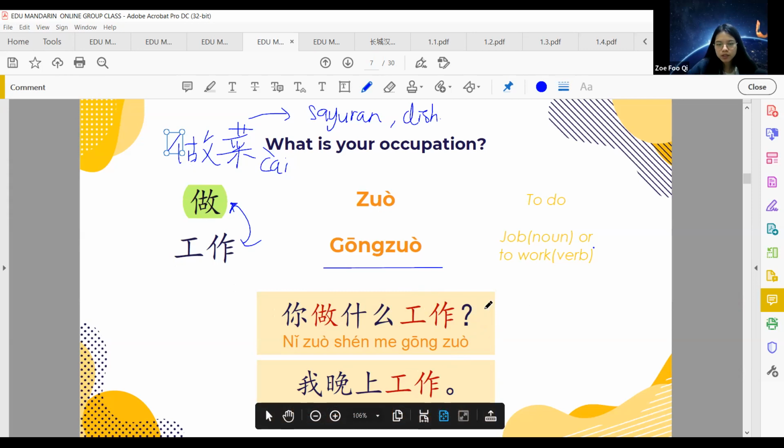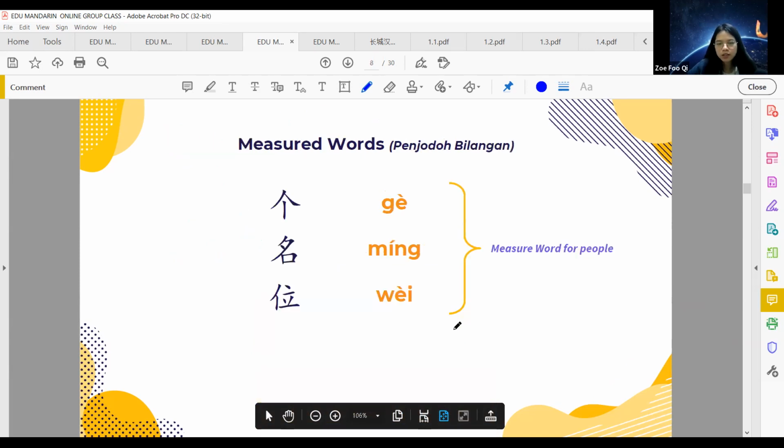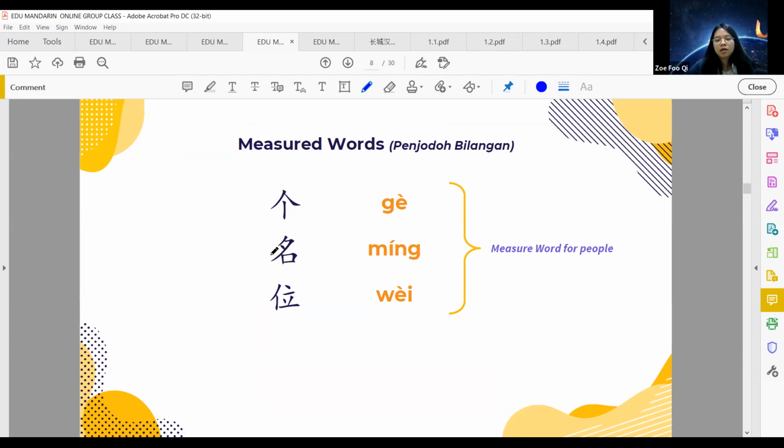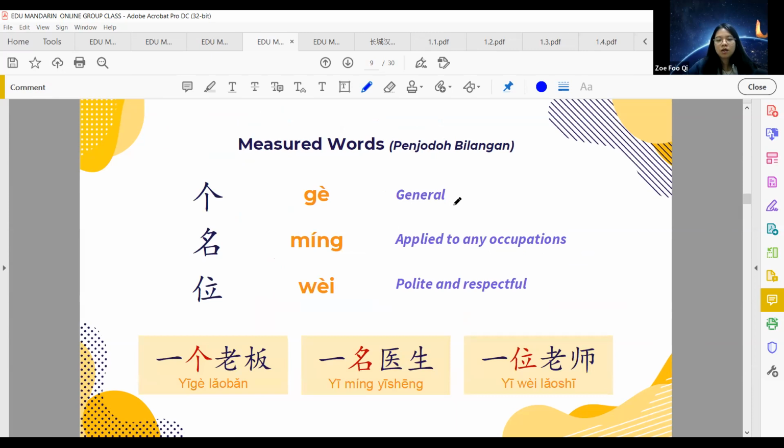Okay, so this one you can say 我, I am something. Okay, and then this one 我晚上工作, 晚上 is evening, and then 工作 is work, so I work at night. Okay, then this one is the measure word for occupation of people. So this one will be 个, 名 and then 位. So 个 is a very general thing. This one you can also take note. This one we normally use, right?